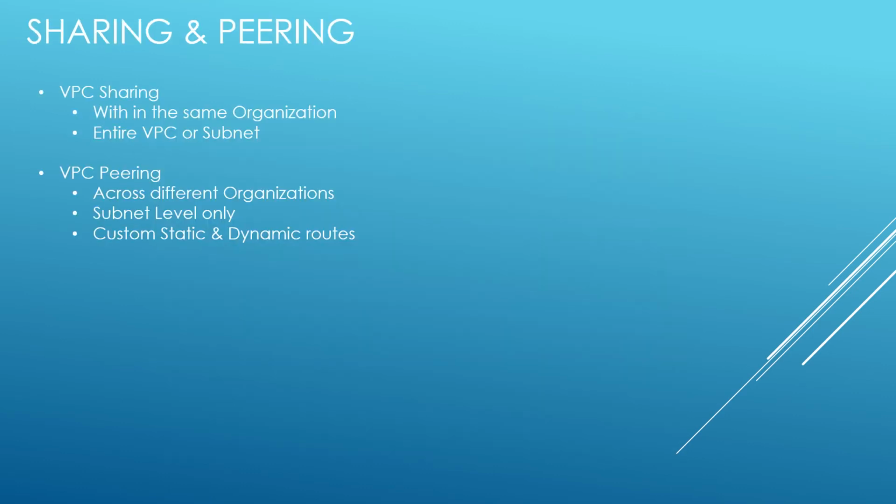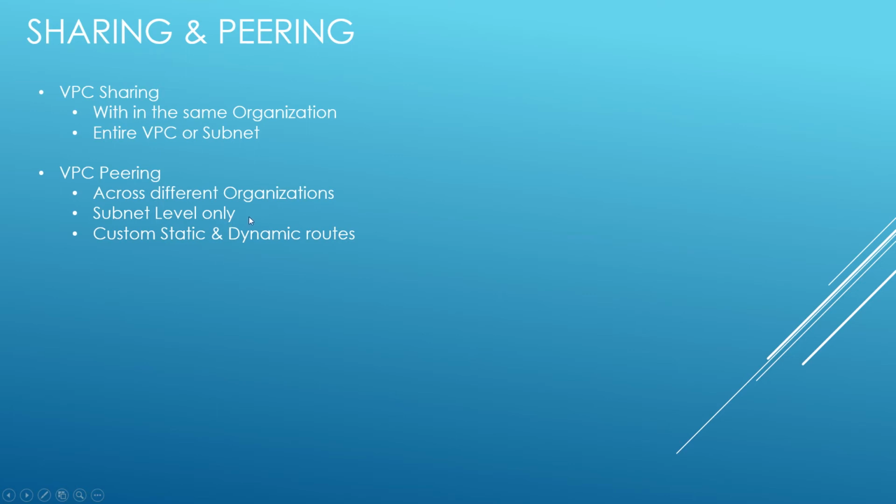Sharing and peering. You can share your VPC with another VPC within your same organization. Here you can share the entire VPC or a subnet. You can also do VPC peering with a different organization, but it allows only subnet level peering.